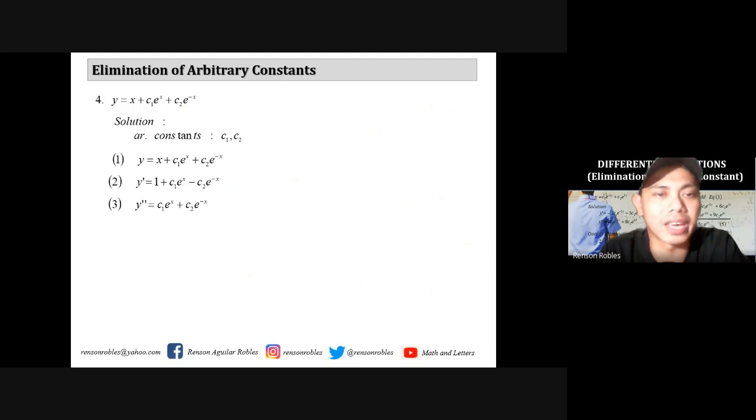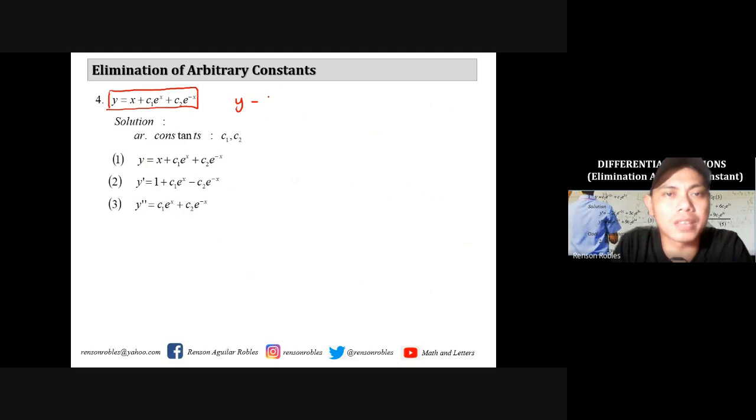to the negative x. And then doing the same, we're going to eliminate c1 and c2. And you can now see that this is c1 e to the x plus c2 e to the negative x. And then from here, we can now say that y minus x equals c sub 1 e to the x plus c sub 2 e to the negative x.